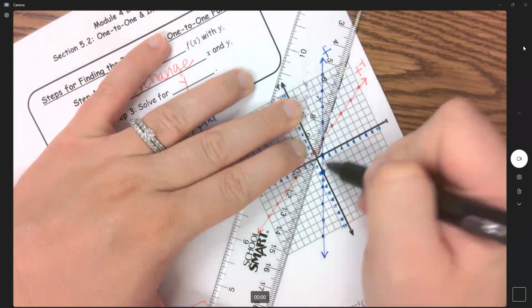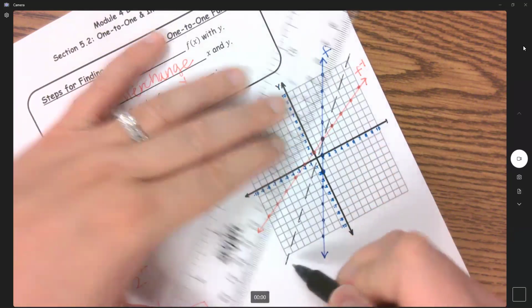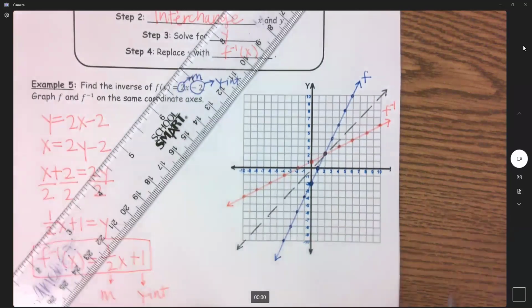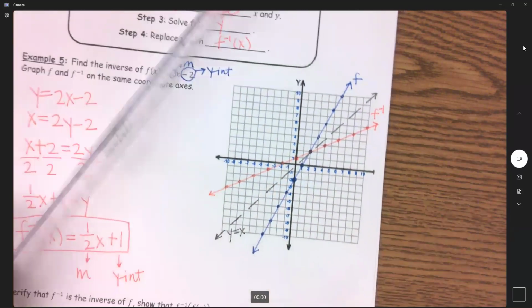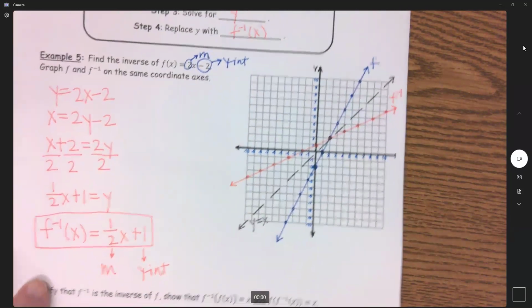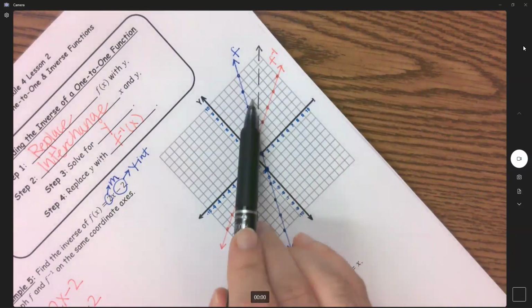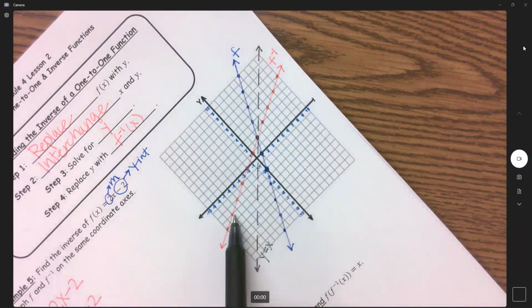This is my line of symmetry. And this is y equals x. So when we draw that in, we can visually see a little bit better how it is symmetric, right? If you turn it that way, you can see it's equal distance from that line everywhere you go.